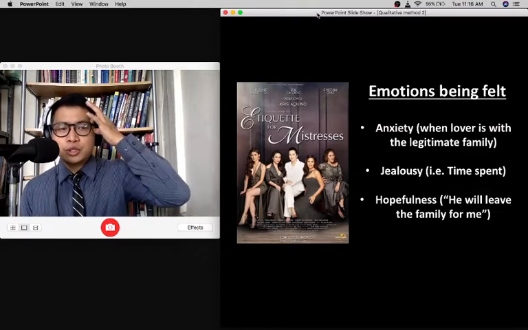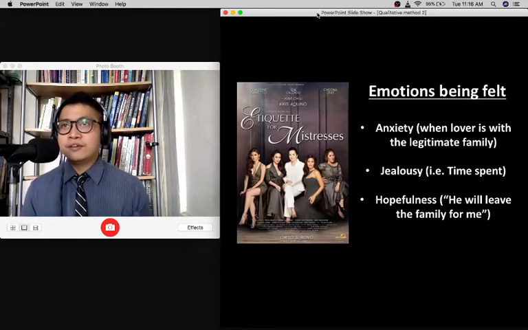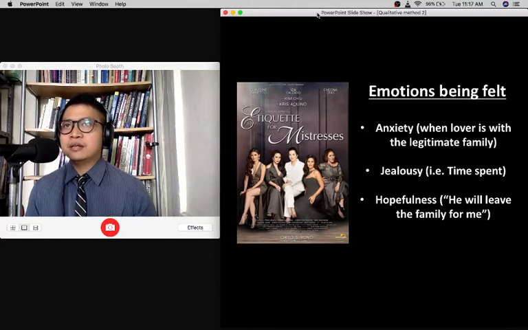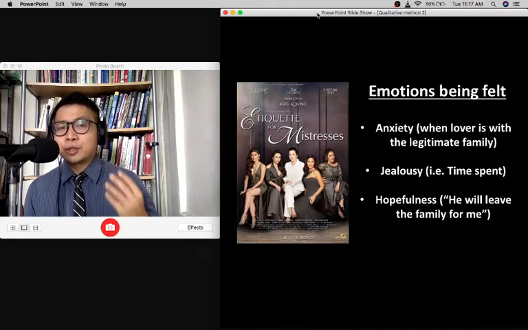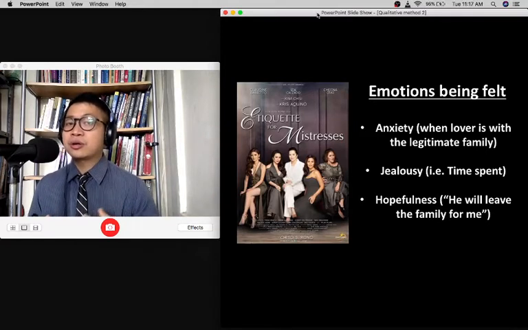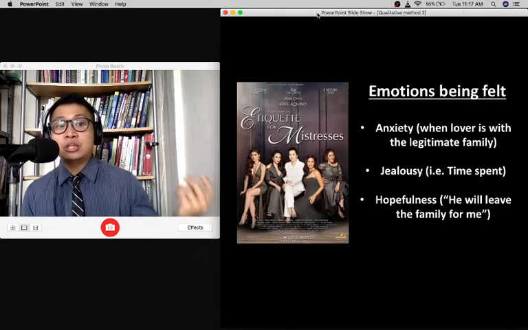Next, for the emotions that they are feeling, ano ba yung mga general emotions that mistresses feel given the setup of their relationships? Number one, lumabas sa themes. Very common yung anxiety, especially when the lover is with the legitimate family. So the anxiety that they feel comes from the idea that they are number two and that the person that they love has their own family. Doon daw madalas lumalabas yung anxiety, when they miss their lover, but their lover cannot be with them because they are with the legitimate family.